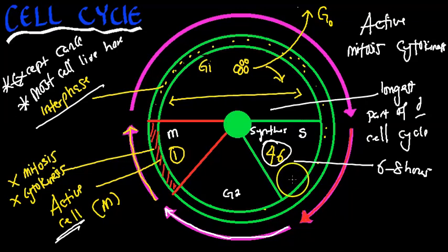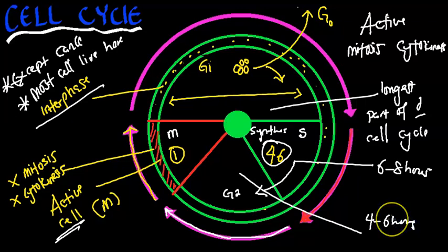What happens after, when the cell leaves S phase, which is for the synthesis, and moves in here to G2? In the case of G2, this takes 4 to 6 hours. Cells continue to grow and prepare for what? Division. Because when they move from G2 to M, which is the mitotic phase, this is where division takes place.